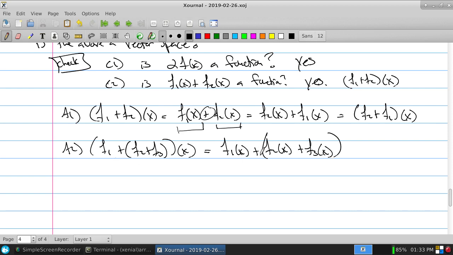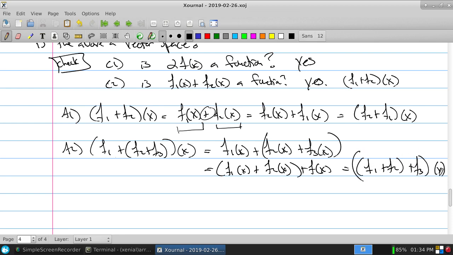These numbers are the addition of reals. Reals are associative. Which is just simply f1 plus f2 plus f3 as a function. So yeah, it's associative as well. Why? Because addition of real numbers is associative. We're taking advantage of that. A function spits out reals.